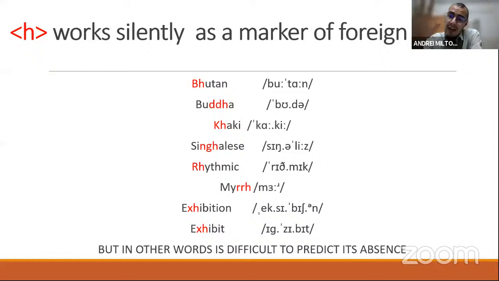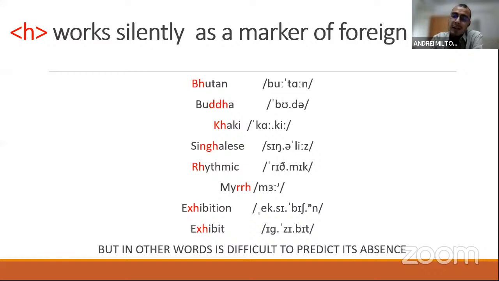The H sometimes is used just to mark a foreign word's pronunciation, though we do not pronounce it as in the foreign language. For example, you have the word Bhutan, right? So it's Bhutan in English, but it tries to represent the spelling equivalent to that language, like Buddha, right?